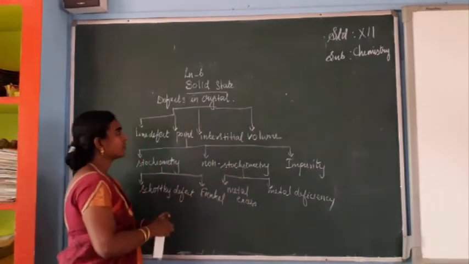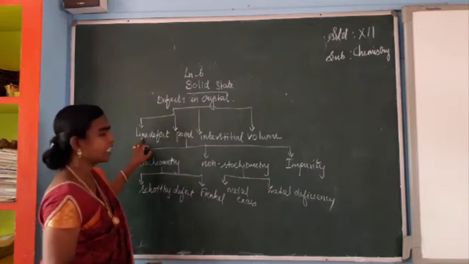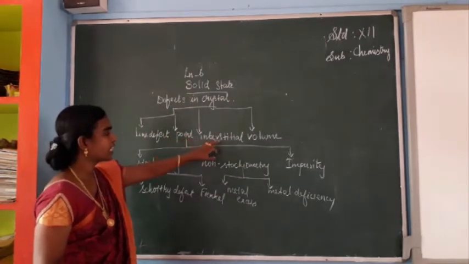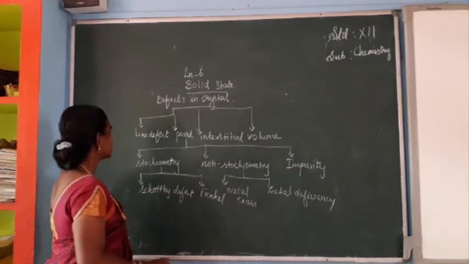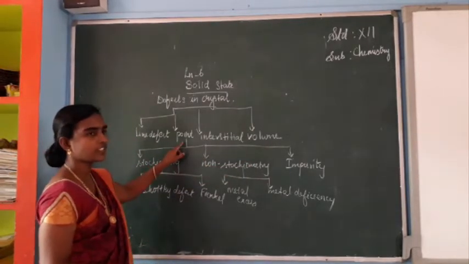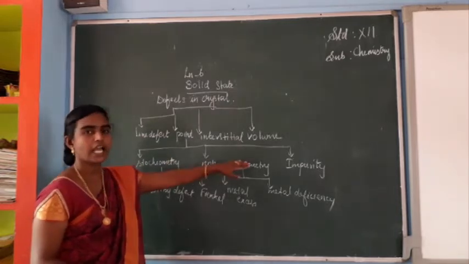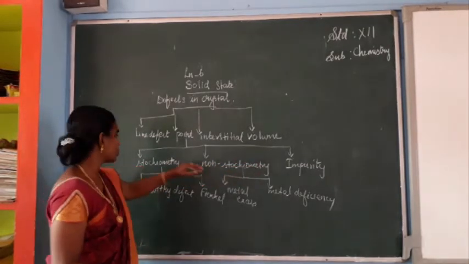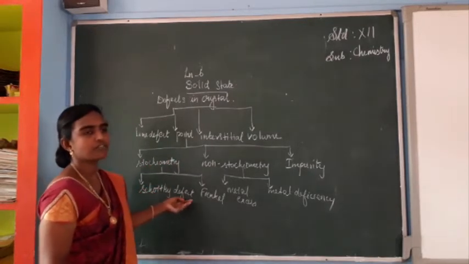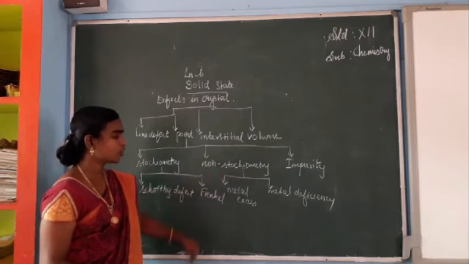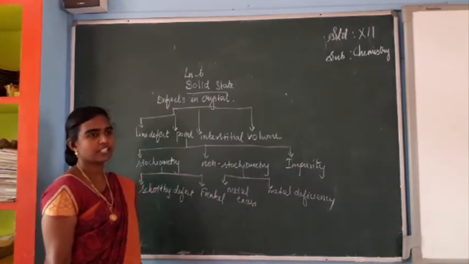Okay, so defects are broadly classified into four: line defect, point defect, interstitial defects and volume defects. These point defects are classified into stoichiometry defect, non-stoichiometry defect and impurity defects. The stoichiometric defects are Schottky and Frenkel defects. Non-stoichiometry defects are metal excess and metal deficiency defects. Okay?